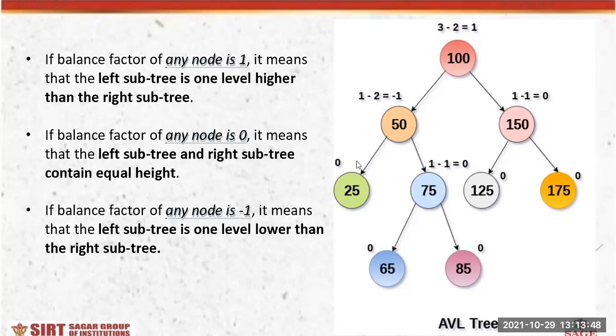So I take left minus right: left is 1, right is 2, so 1 minus 2 becomes -1. So the balancing factor of 50 will be -1. So it is a balanced binary tree in that regard also. That means it is an AVL tree, a balanced binary search tree.